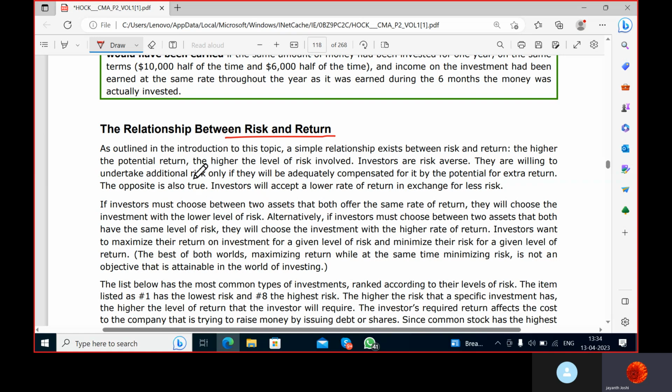Otherwise, if you are not taking higher risk, you are satisfied with less returns as well. But since you are taking higher risk, you want higher returns because you want to get compensated for taking that additional amount of risk. That is the point here.